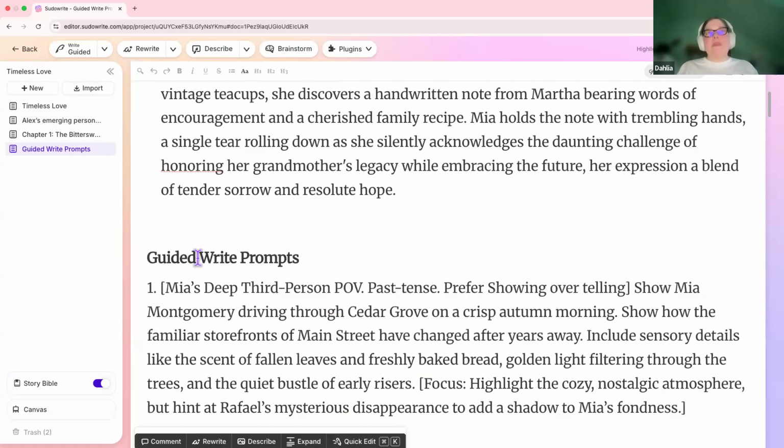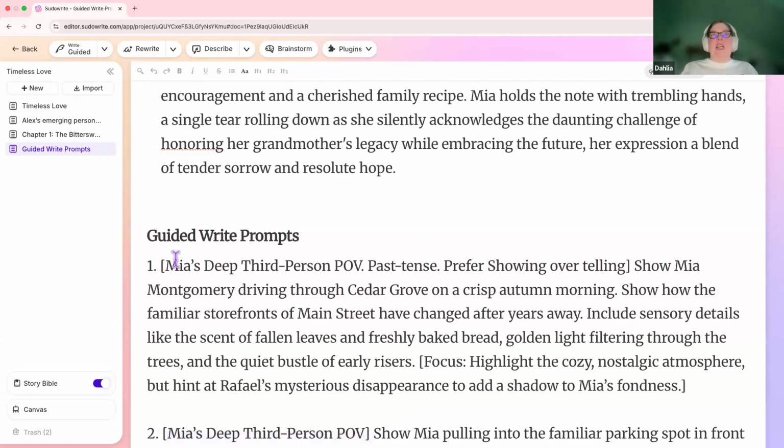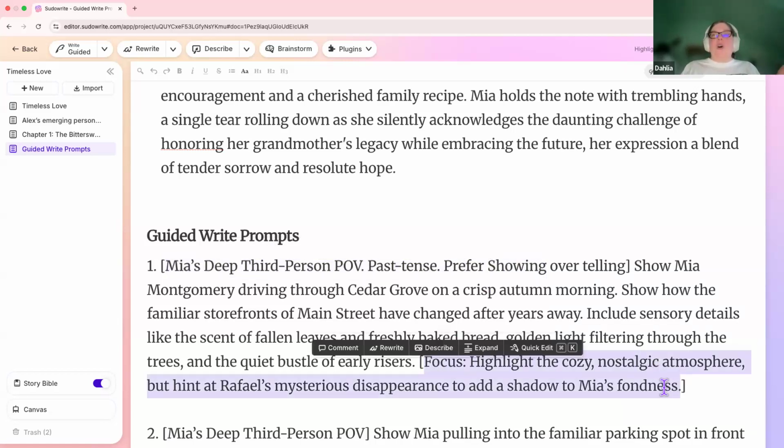And some things about the prompts. I usually use square brackets for instructions, like information about the style that I want or the focus of the scene.